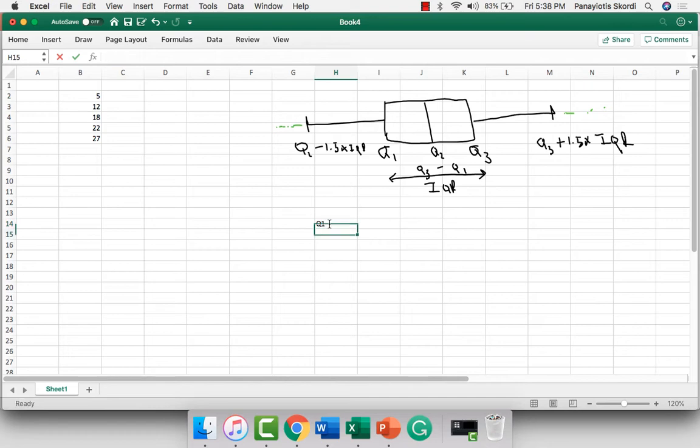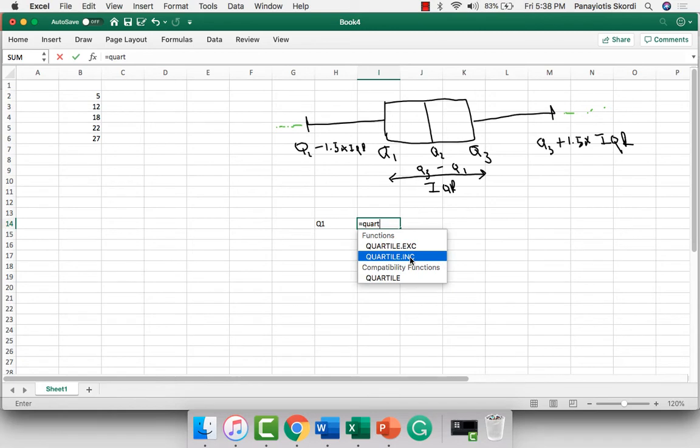Q1 is quartile 1, this value in here. And Excel can work it out for us: equals QUARTILE. Now there's quartile.exc, excluding, and quartile.inc, including. Again, there's two different ways of calculating the quartiles. The one we're going to use is EXC, excluding the endpoints when we do the calculation.